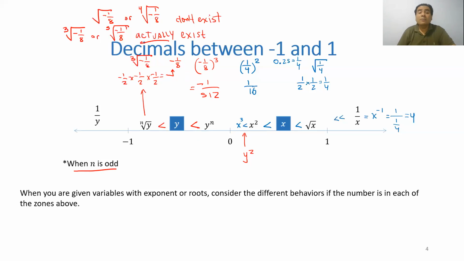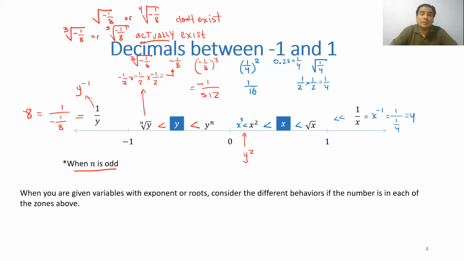All right, so now let's consider what happens with the inverse of a negative decimal. So here, this would be 1 divided by -1/8. And that, of course, is -8. Remember that the inverse of a negative decimal, or any number, is just y to the power -1.